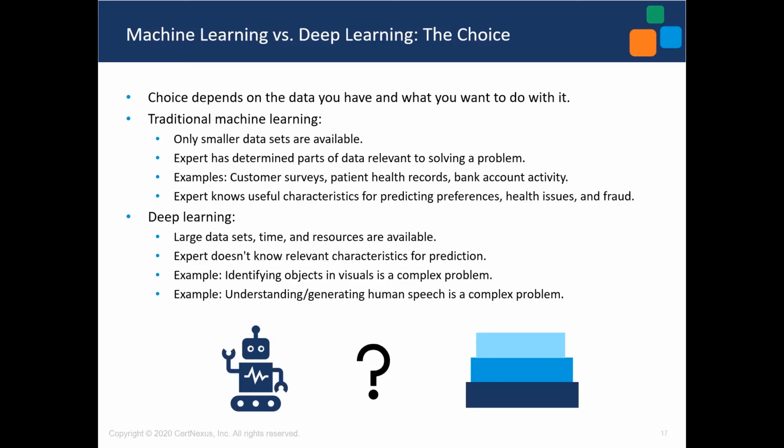And you can see some great examples of traditional machine learning: customer surveys, patient health records, bank account activities. A great use of this is in fraud. I also saw an AI application used in the fintech industry around auditing expense reports.